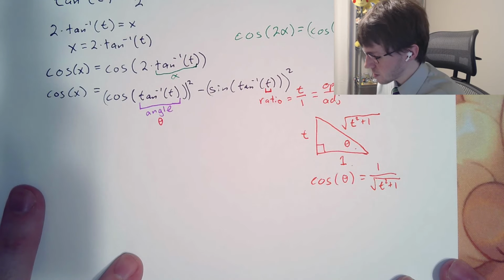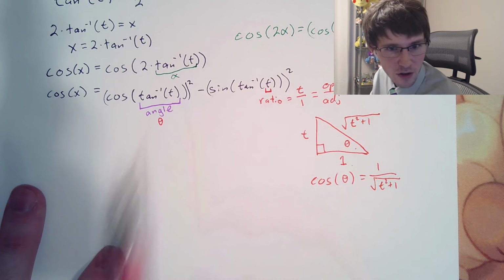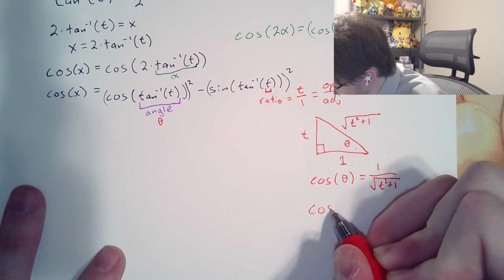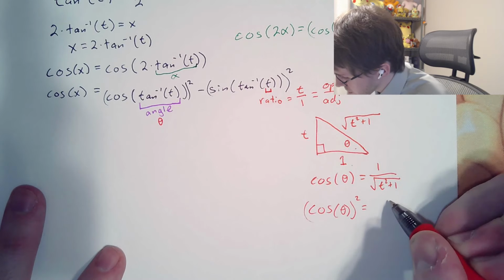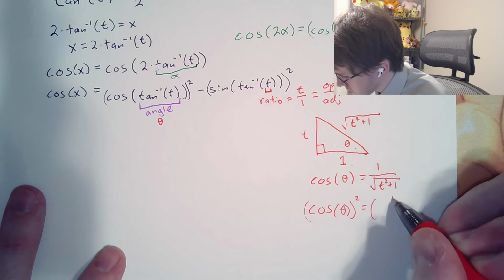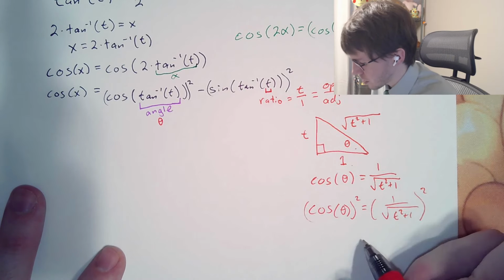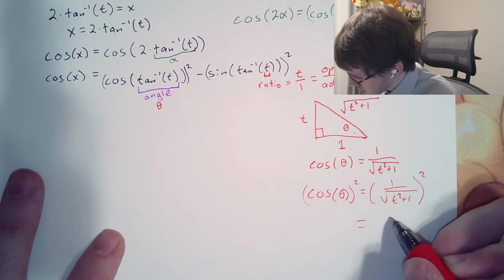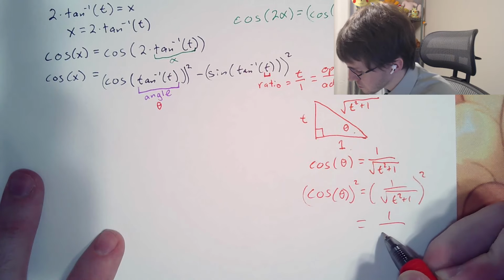And if you square that, we're squaring both sides because we're doing the cosine of that entire thing squared. You get 1 over the square root of t squared plus 1, all of that squared. Well, 1 squared is 1, and anytime you have a square root in a square, it's going to cancel out.